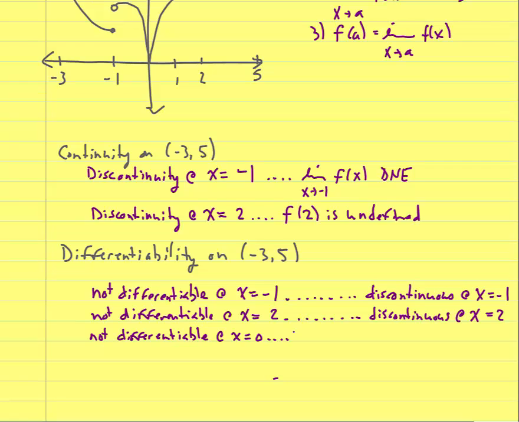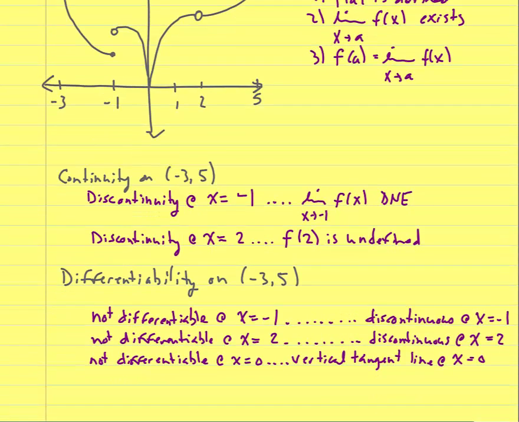And why would that be? Because I have a vertical tangent line. So you have to be able to look at a graph and be able to say why it's differentiable or not, and then give the reason. Now up here, I have a vertical tangent line at this point. It comes to that cusp.